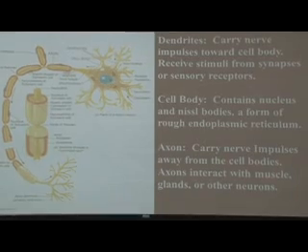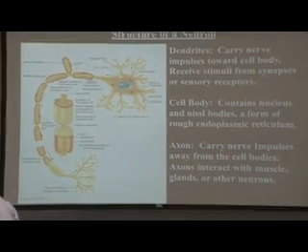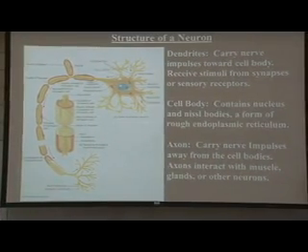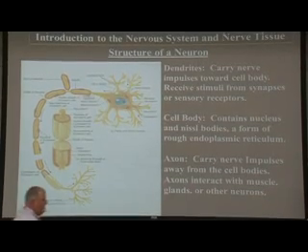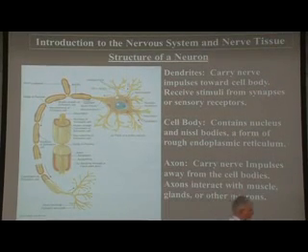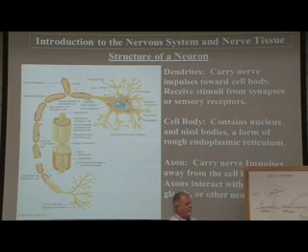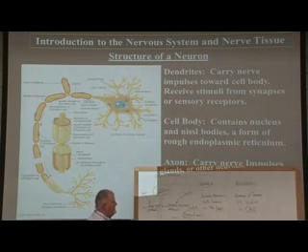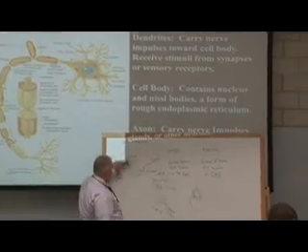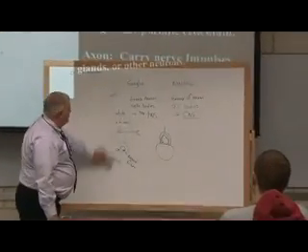All right. So when we look at a neuron, what we can do is create a basic pattern, and then once we have that pattern, we can look at differences in different types of neurons, and it'll begin to make sense.